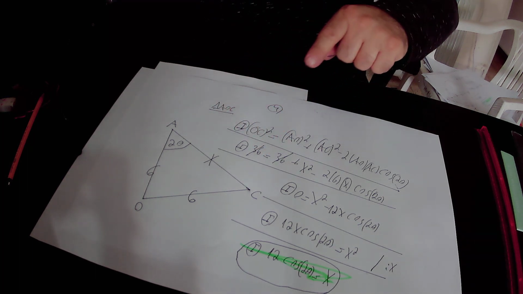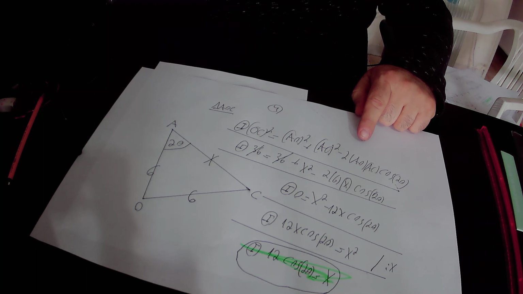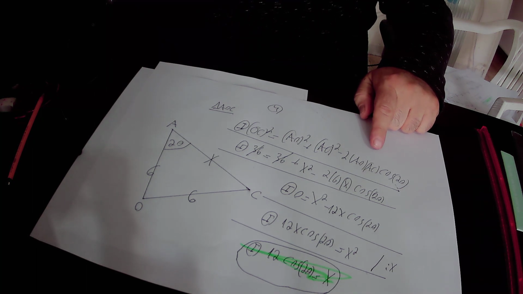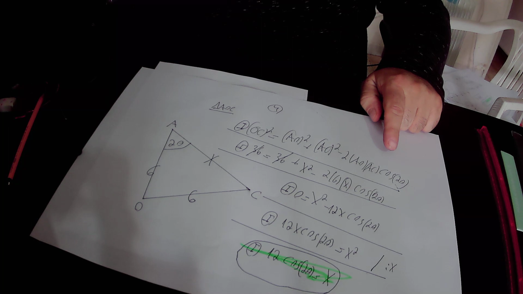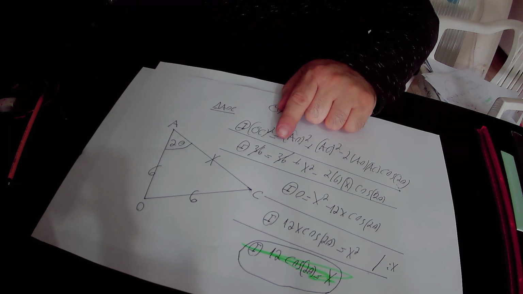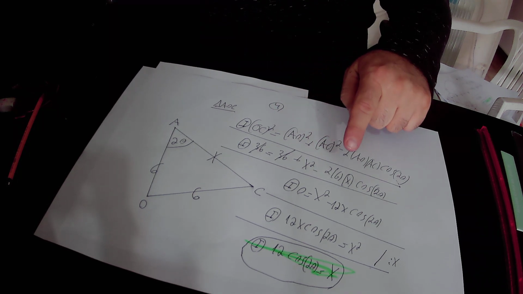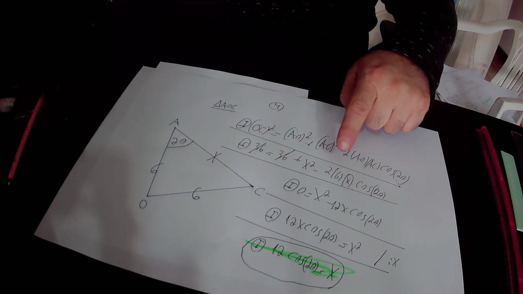AC equals X, so AC square is X square, minus 2 times AO, that is 6, times AC, that is X, times cosine 2 theta. So we have 36 on both sides of the equation, so 36 will get cancelled, and we are left with 0 equals X square.